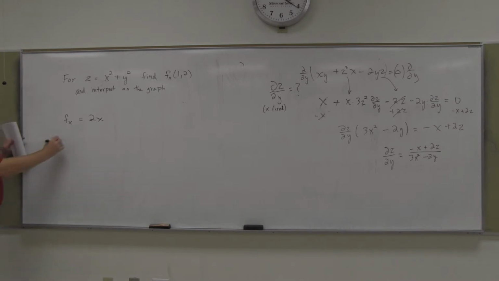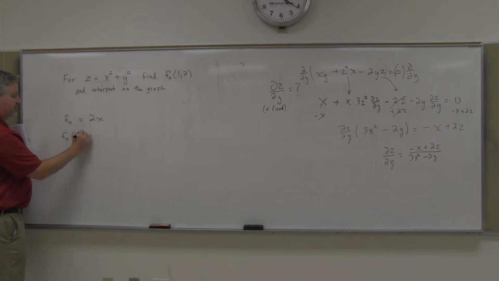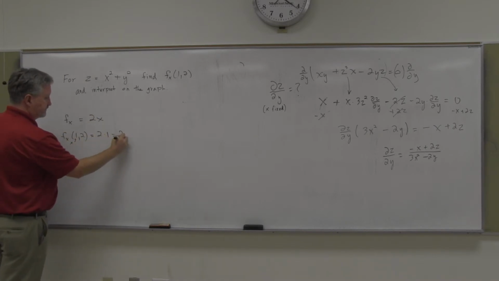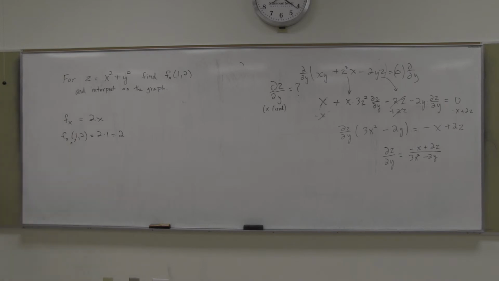And so the partial of f with respect to x at (1, 2), well, that's just giving me the x is 1, so I just plug in x to be 1. Sometimes you might need the y if y is involved, but here y is not even involved, so just plug in the x to be 1. So, no really hard thing there. But then interpret it on the graph.